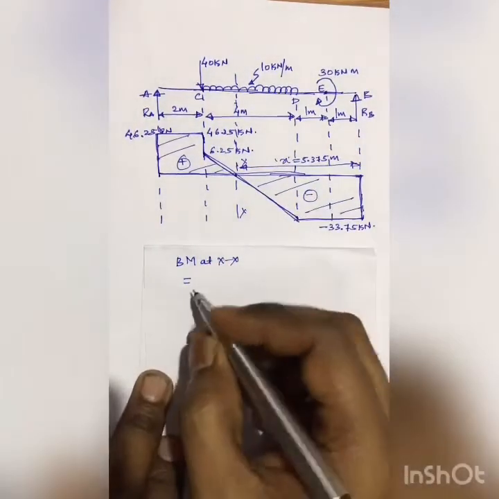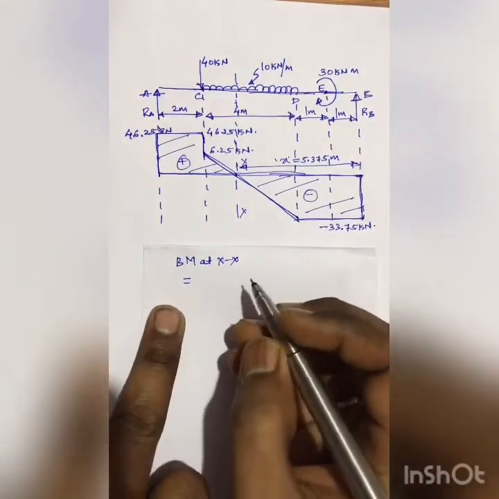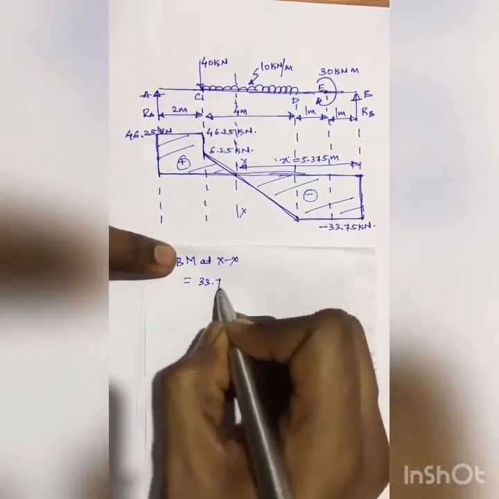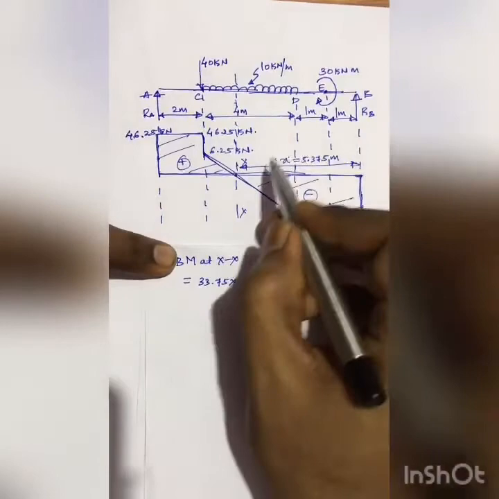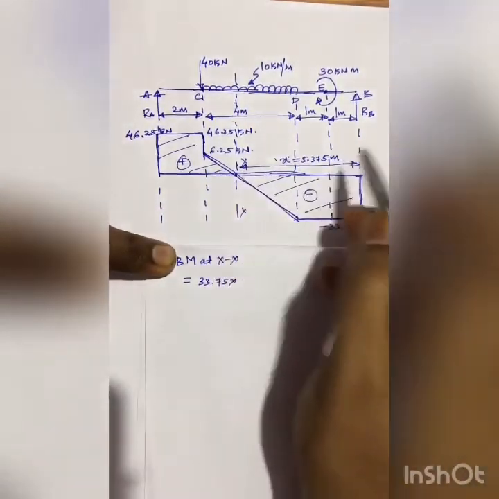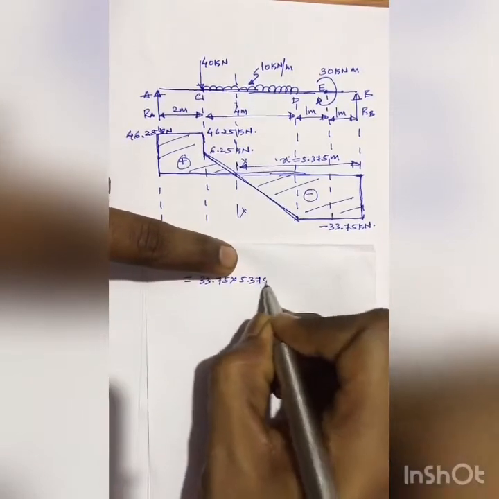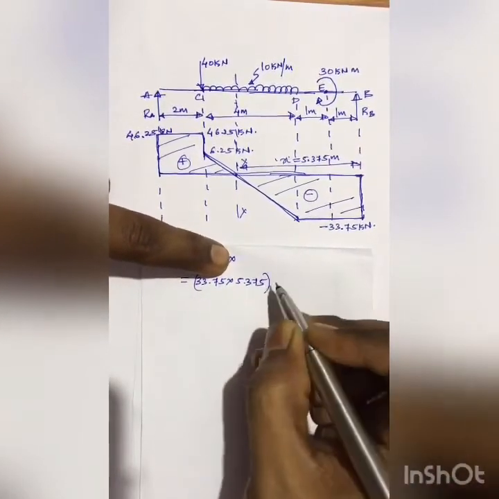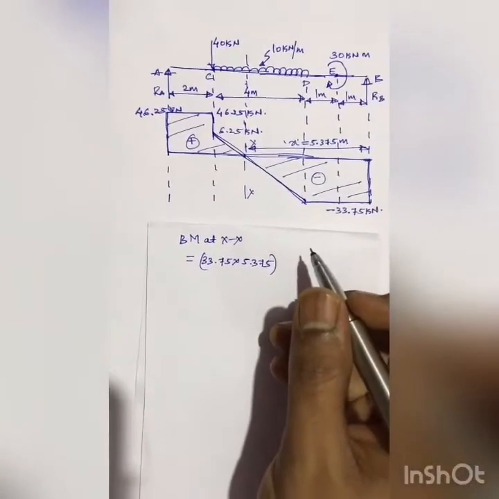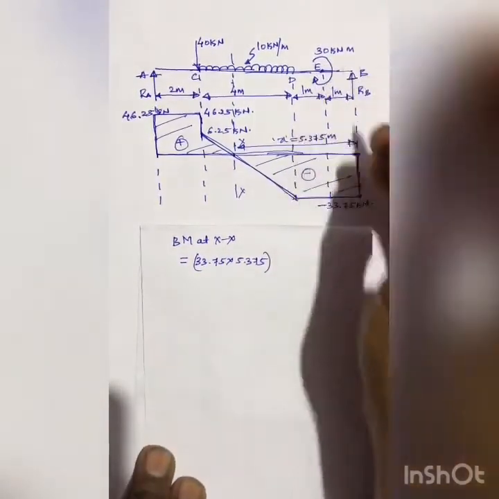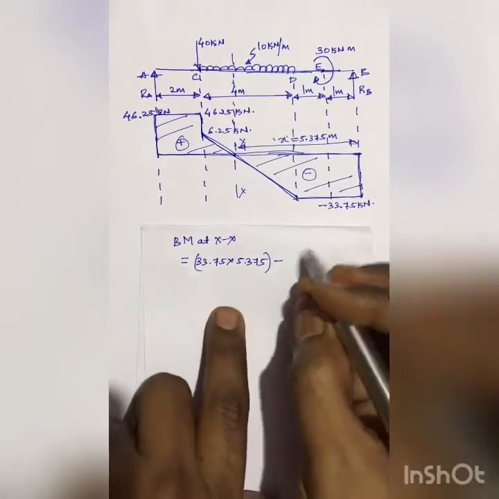First I'll have to consider RB. So RB is positive 33.75 into this distance, which is X. X is 5.375. Yes, this is done now. Minus this clockwise moment, that is minus 30.